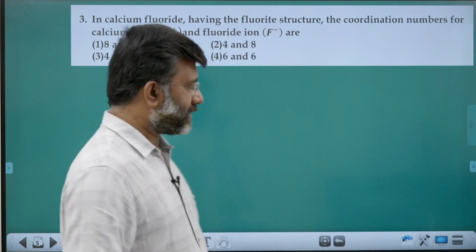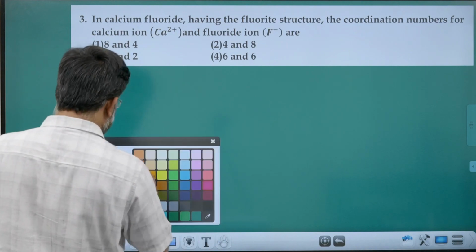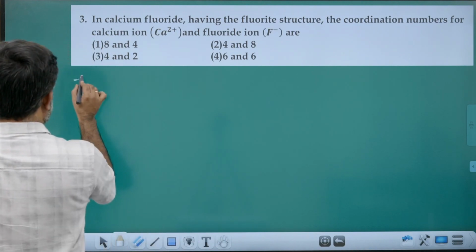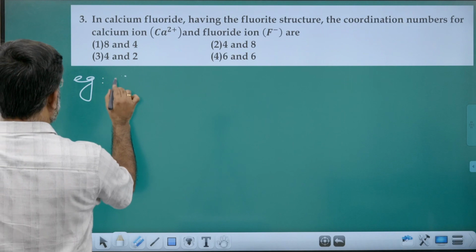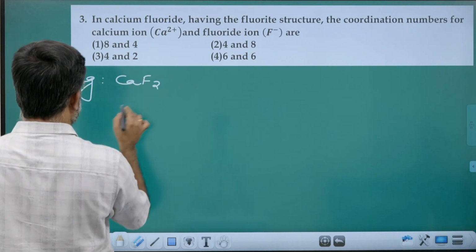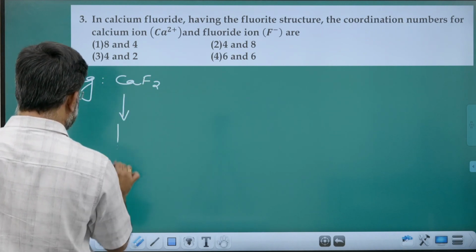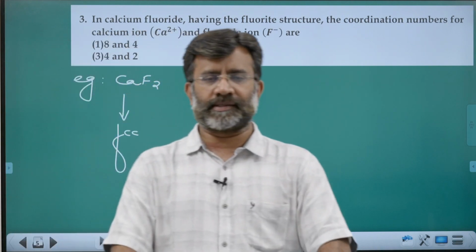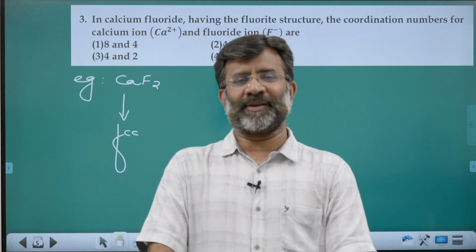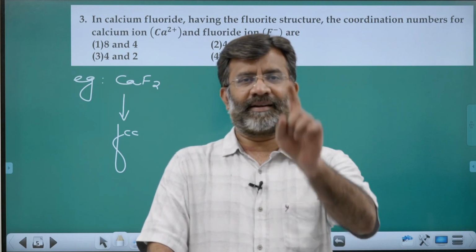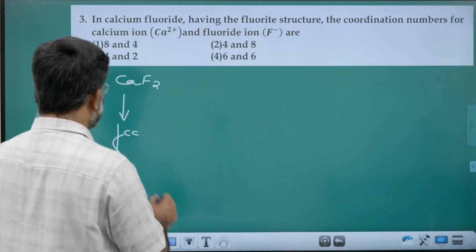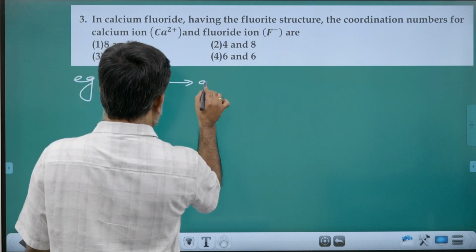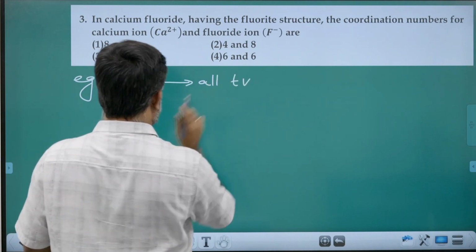In fluorite structure, say for example calcium fluoride, how is it coming? Calcium forms FCC. The cation forms a closed packed system, and anions are available in the tetrahedral voids.